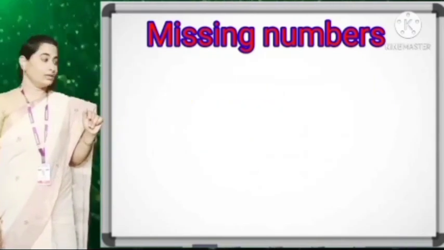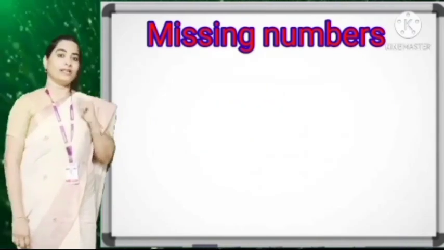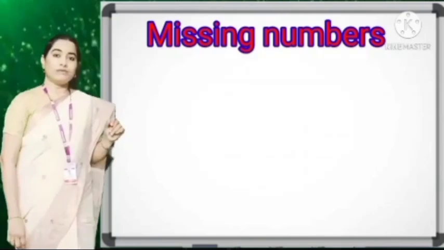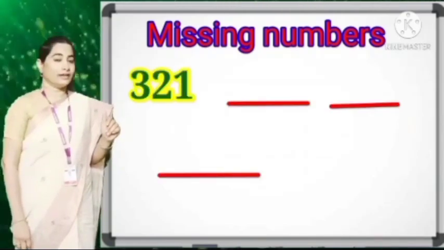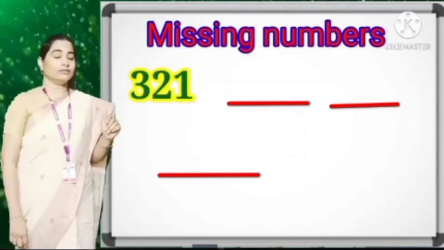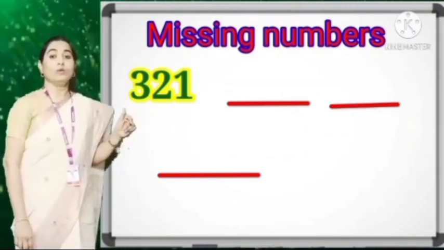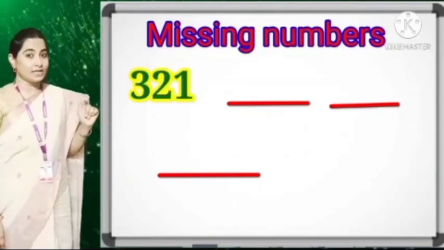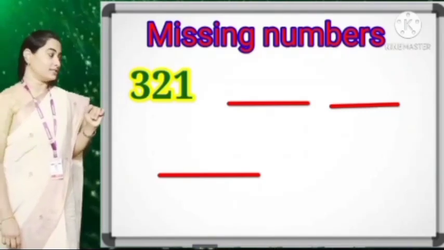Okay, children? And now we'll go for another example. What number is given? 321. What number is given, children? 321. How many dashes are given there? 3 dashes.